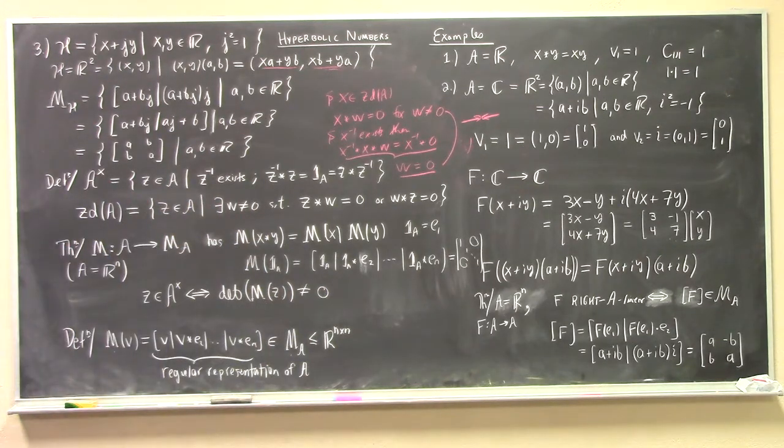Because that's the condition that a matrix be invertible. And that preservation of products property implies that the inverse of the element maps to the inverse matrix. The inverse of the matrix to which it maps is the representative matrix of the inverse element in the algebra. Let me write an equation.